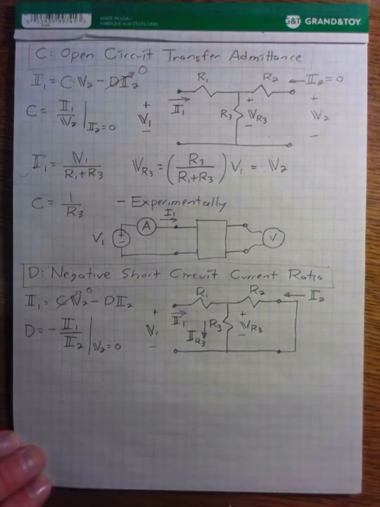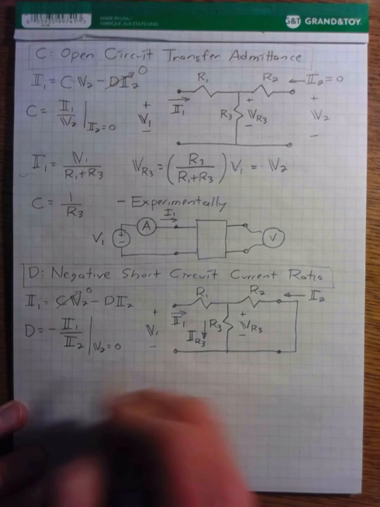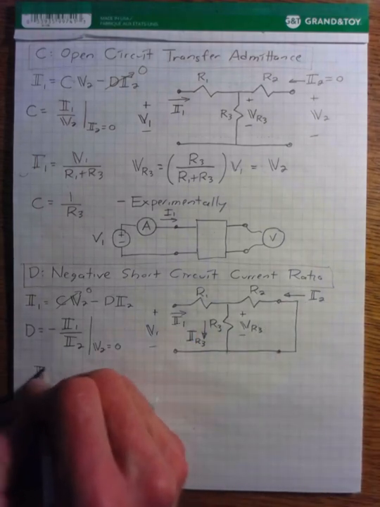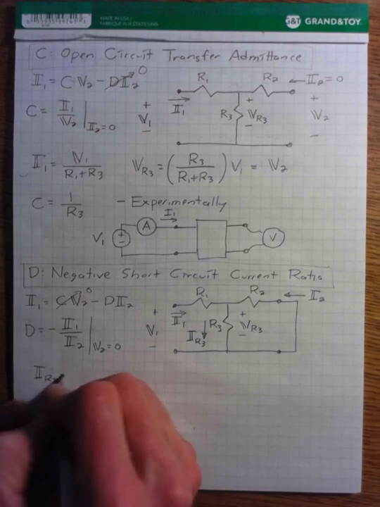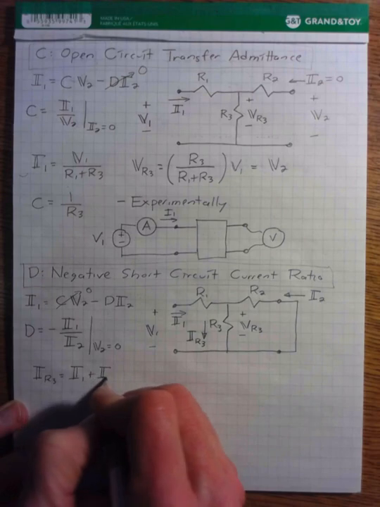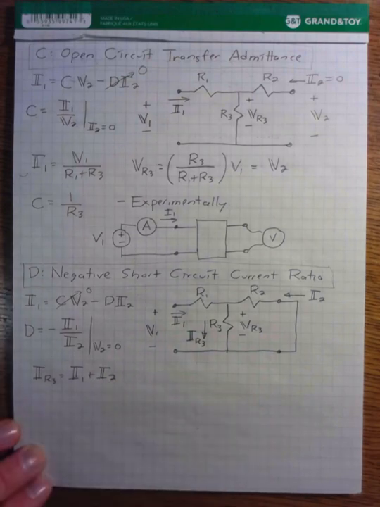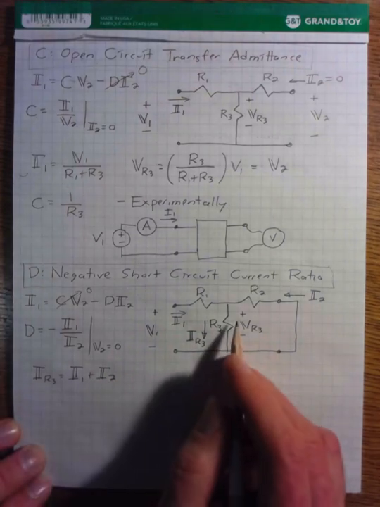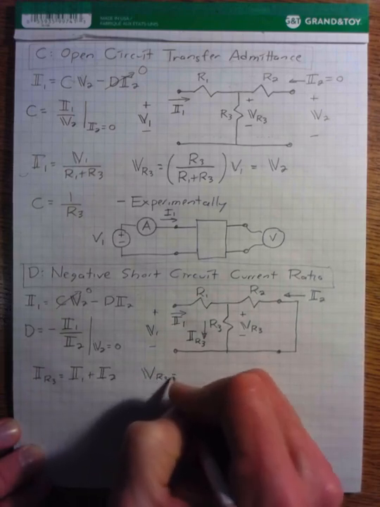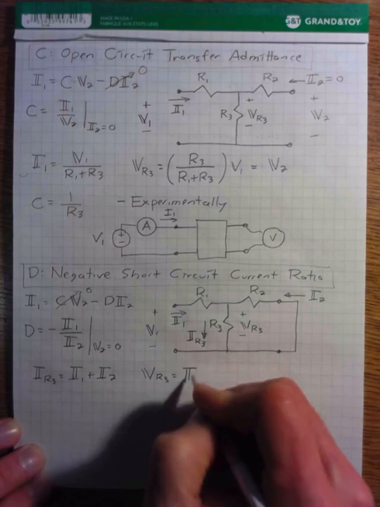Kirchhoff's current law says that with our currents defined as coming in, the current through R3 is equal to I1 plus I2. The voltage across R3 is just defined by Ohm's law.